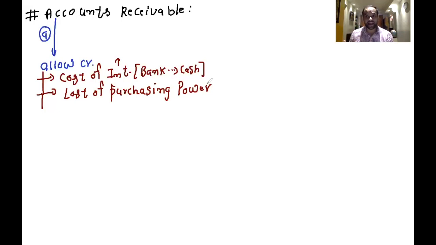Of course, if you have cash, you have high purchasing power. You can buy more. If you have less cash, you may not be able to buy more, right? Because people don't like to sell on credit. People prefer cash. So if you are allowing too much credit, you have less cash inflows. As a result, your purchasing power will be negatively affected. All right. So this is the problem of allowing credit.